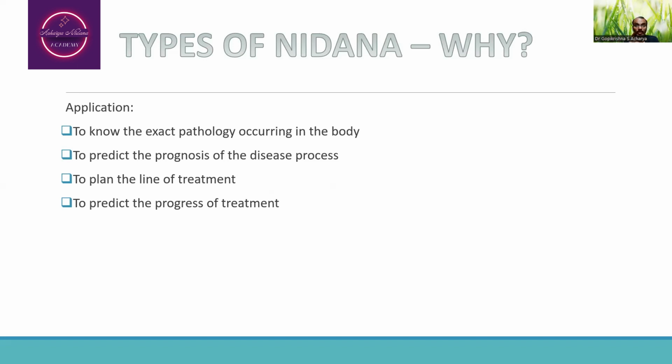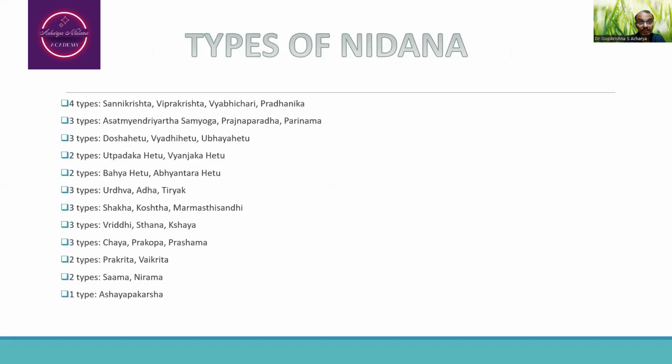Whereas in the reversal of the severity, initially it may be reddish, then greenish or yellowish, then whitish, then watery, then absence of sputum. This is how the progress of the treatment can be predicted by knowing the exact nidana.